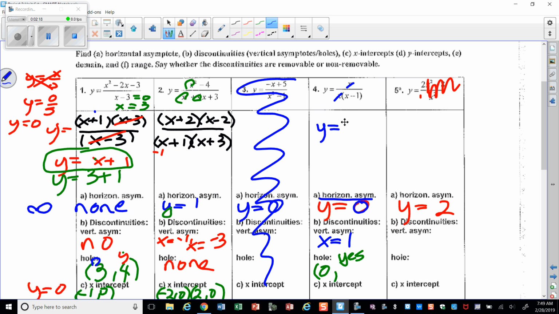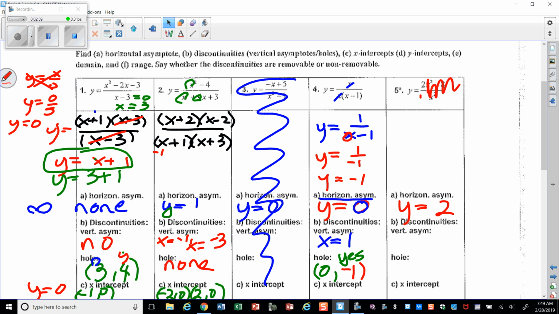The x's cross out, so that would be 1 over x minus 1, okay? And so if I put a 0 in for x, that would be y equals 1 over negative 1, so y equals negative 1. That is the value of y when x is 0. So that would be where my hole is.